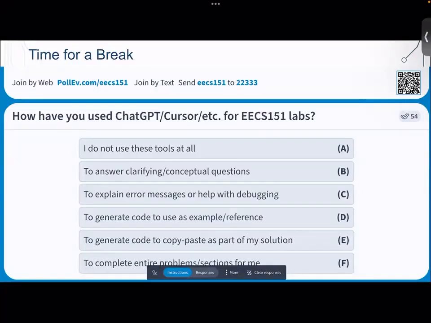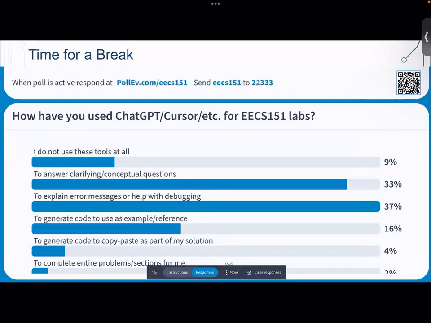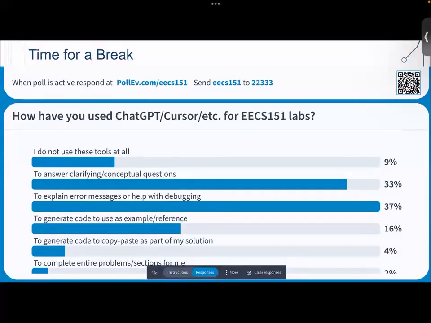Okay, cool. We got a lot of responses. Let's talk about this one. So it looks like most folks are using these tools. Okay, well, I'll turn the poll off so we can talk about it. I'm curious, does anyone want to share your experience, like how helpful are these tools?